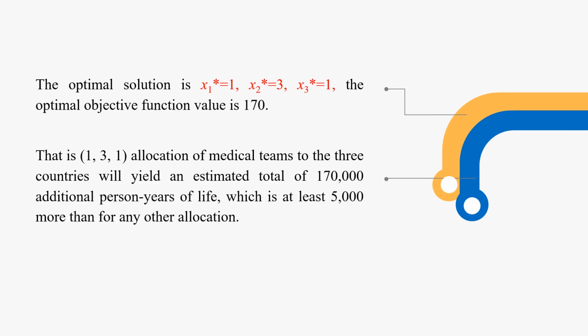This optimal solution means that the (1, 3, 1) allocation of medical teams to the 3 countries will yield an estimated total of 170,000 additional person-years of life, which is at least 5,000 more than any other allocation.